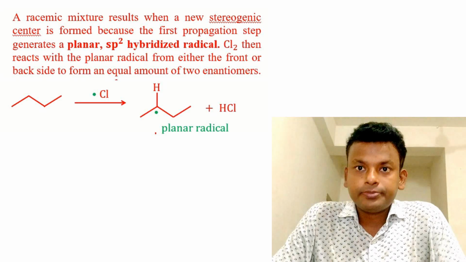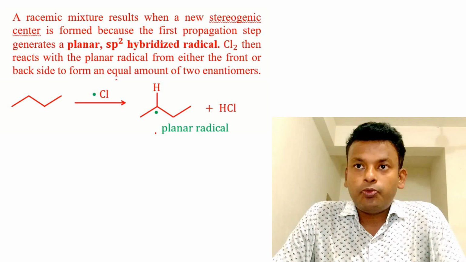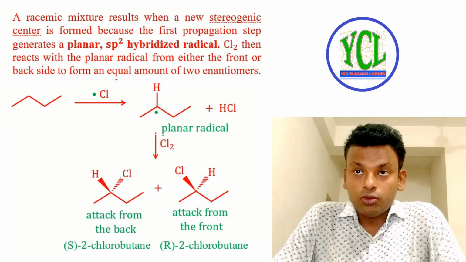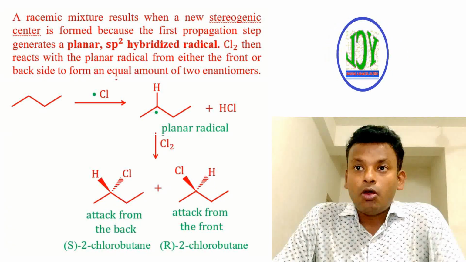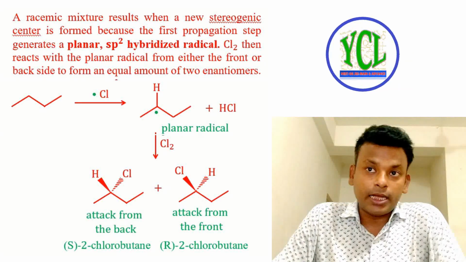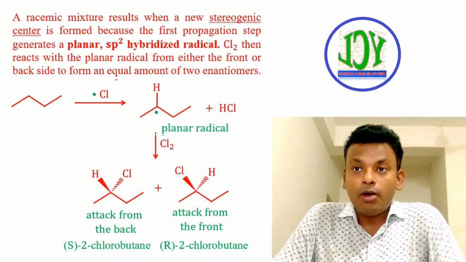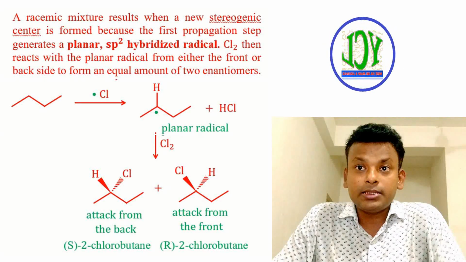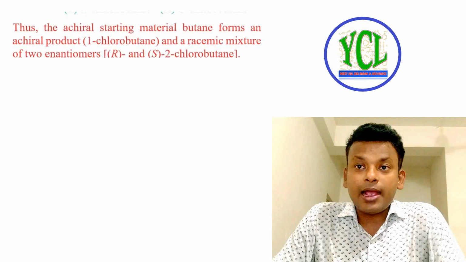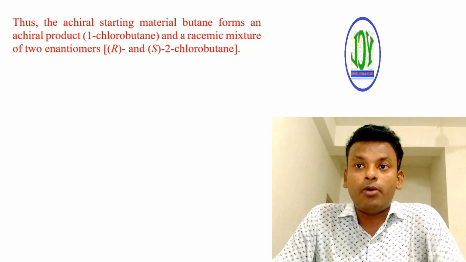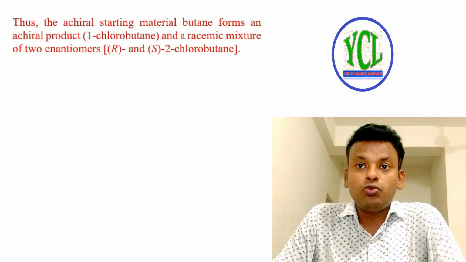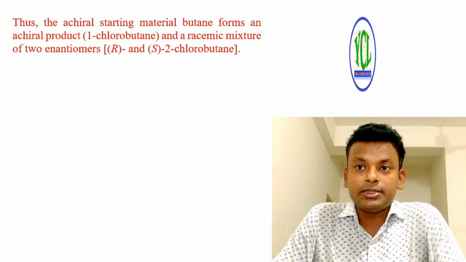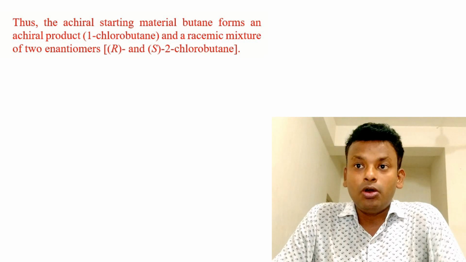Here butane reacts with Cl dot to form a planar radical, and Cl2 reacts with the planar radical on the backside and front side. Front side attack forms (R)-2-chlorobutane and backside attack forms (S)-2-chlorobutane. Thus the achiral starting material butane forms an achiral product, that is 1-chlorobutane, and a racemic mixture of 2 enantiomers, that is (R)- and (S)-2-chlorobutane.